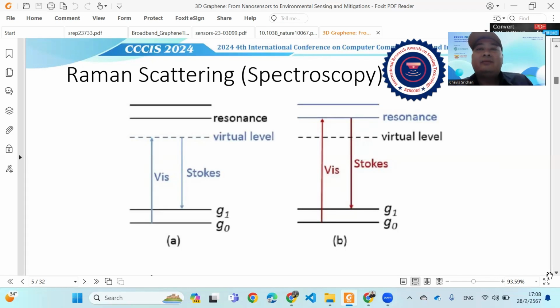Then you get a different output frequency from the excitation frequency. The shift of the frequency is the signature of that molecule.